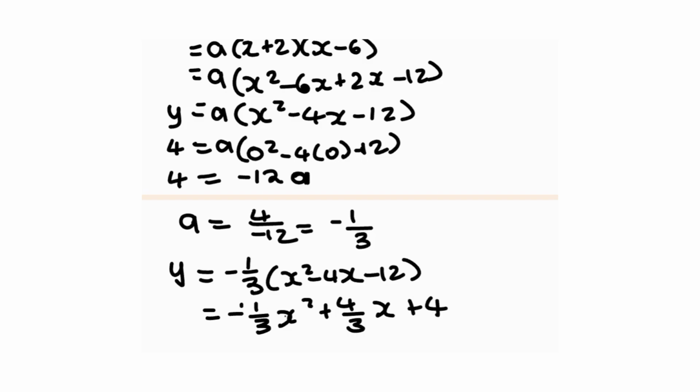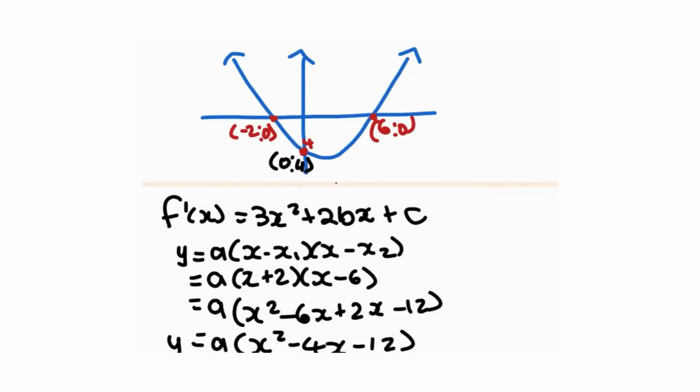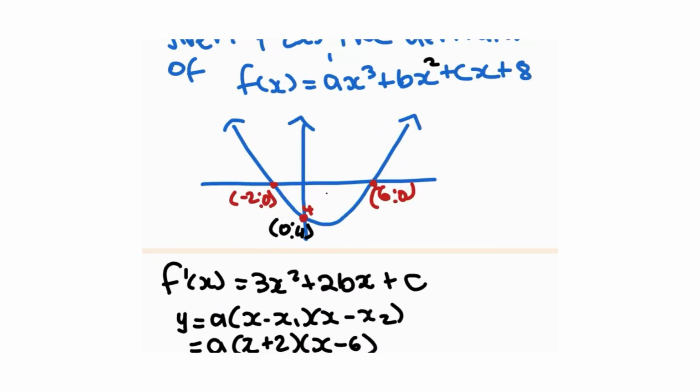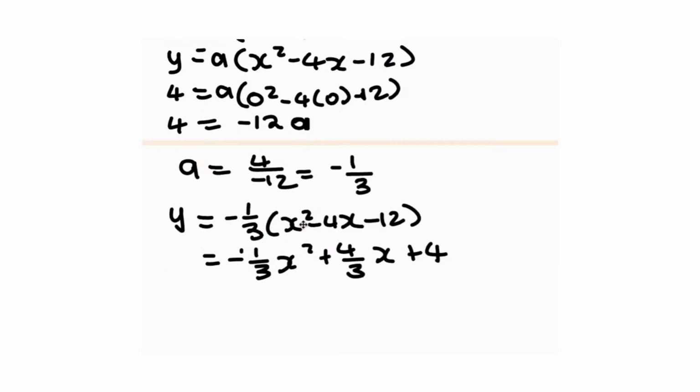So this is the equation of what? Of my parabola graph. Okay. And then, because on the equation of a parabola, that represents your a, that represents your b, and that represents your c.